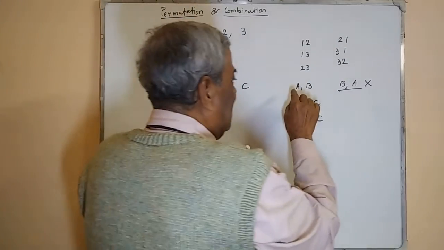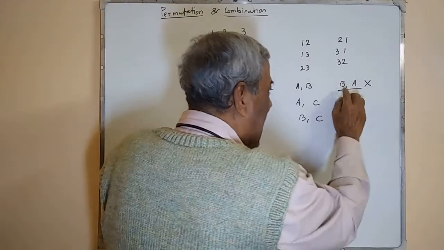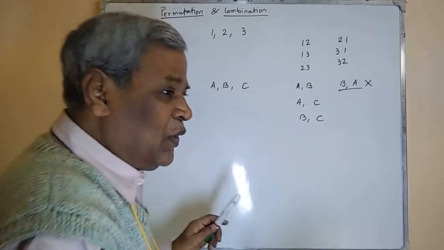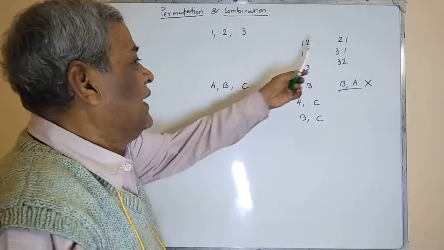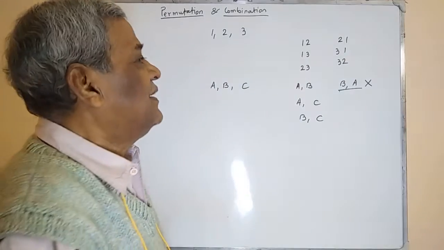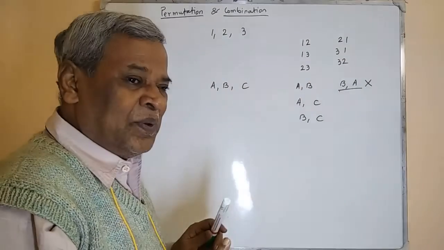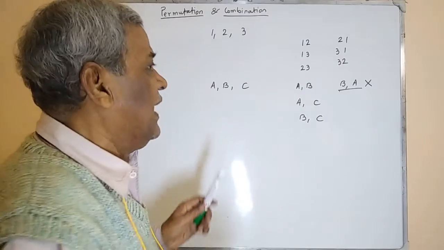But here AB and BA, I interchange the position, no new answer is obtained. So in the first case, position is a factor. In the second case, position is immaterial.